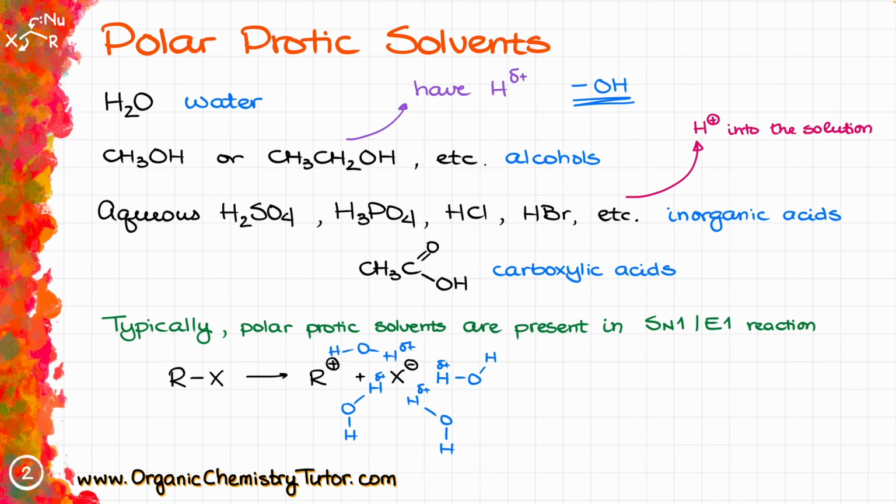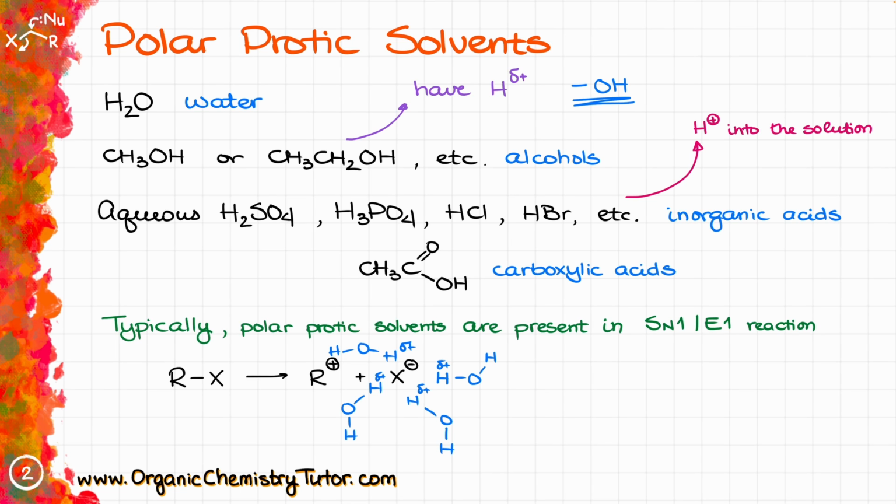While in theory unimolecular reactions could proceed without the protic solvent, they're going to be quite rare, because the polar protic solvent is quite literally necessary there to form the carbocation, and it is necessary to stabilize your leaving group.